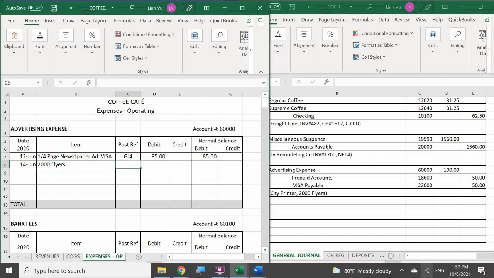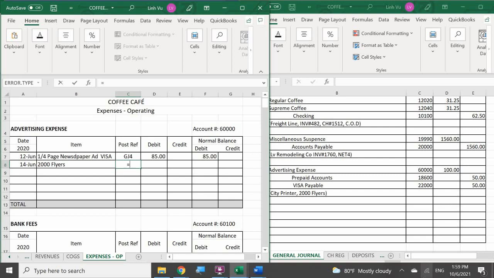It's up to you. If you want to put City Printers or the invoice number or whatever you want, you can. We don't have an invoice number, so just the name if you want it, but it doesn't matter.